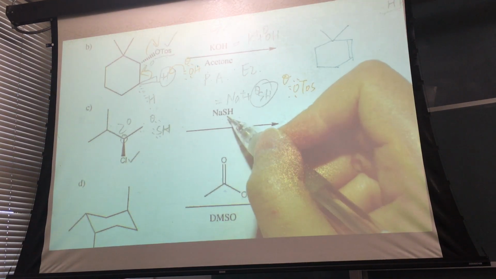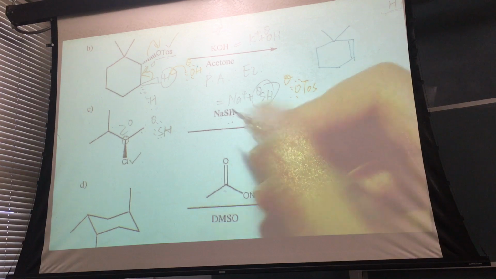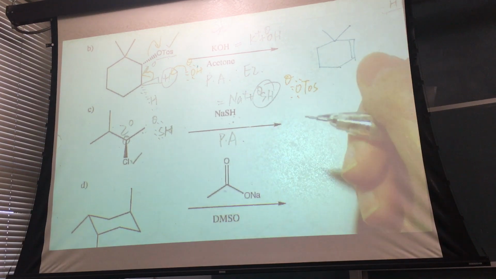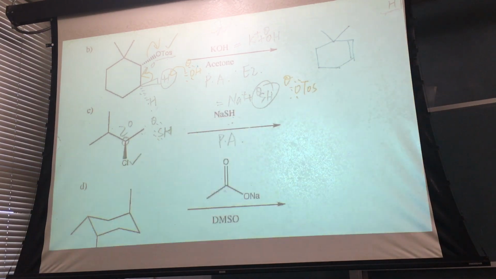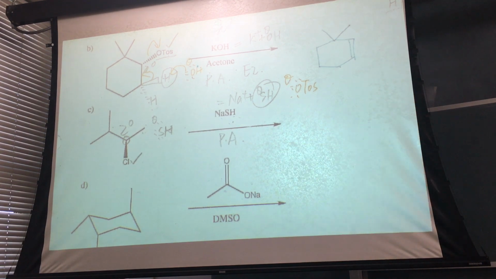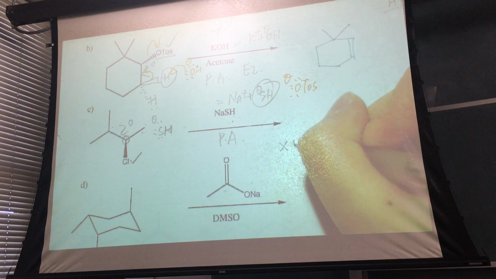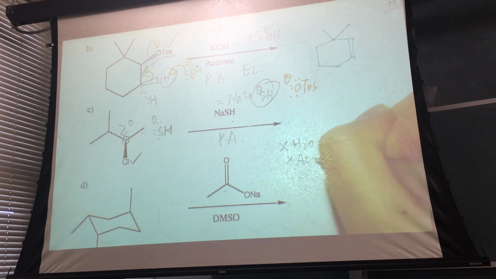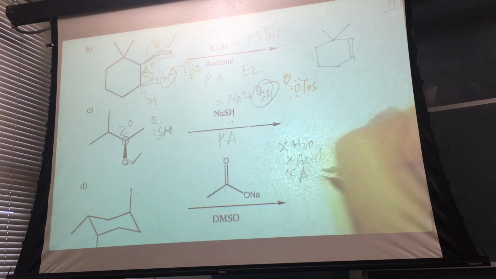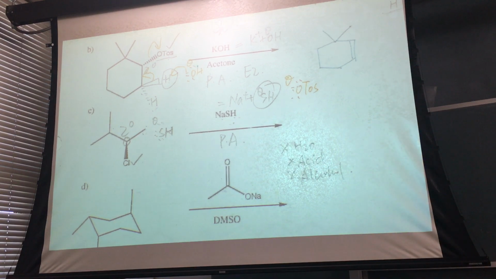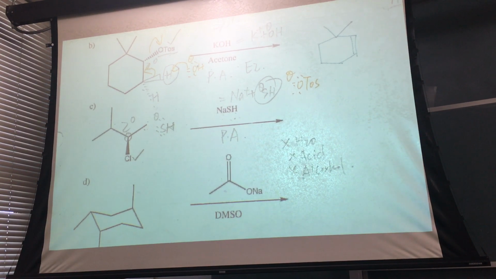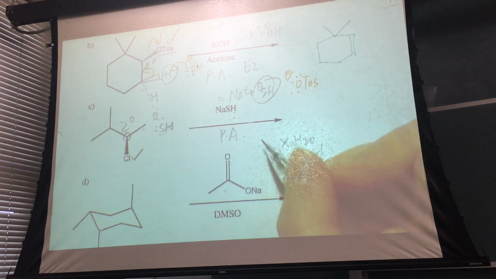This one is not alcohol. This one is a polar aprotic solvent. If I didn't list them, and it's not water, not acid, not alcohol, at your stage you can think that it's going to be polar aprotic.